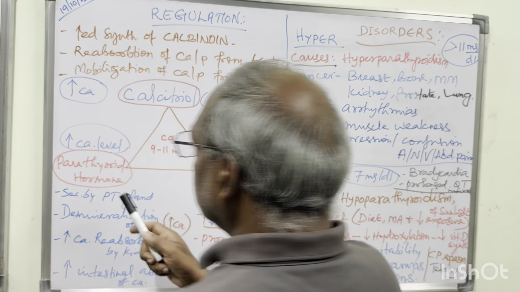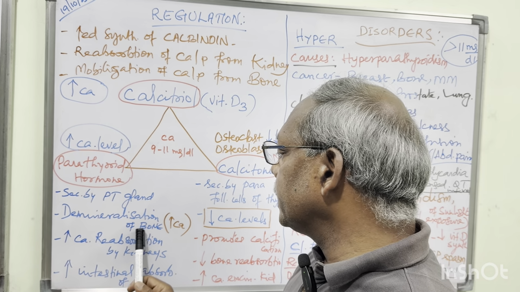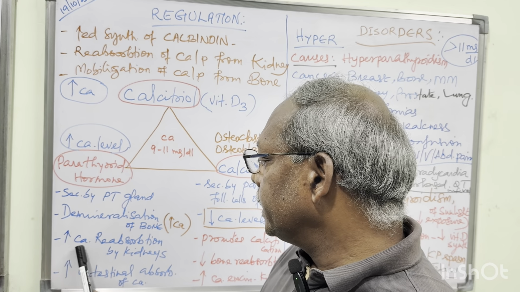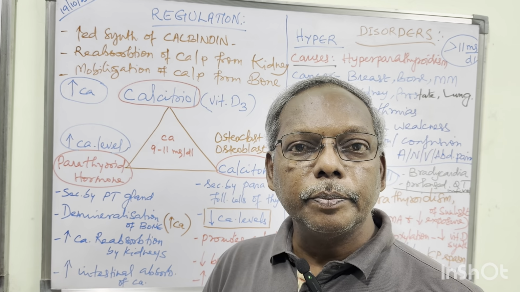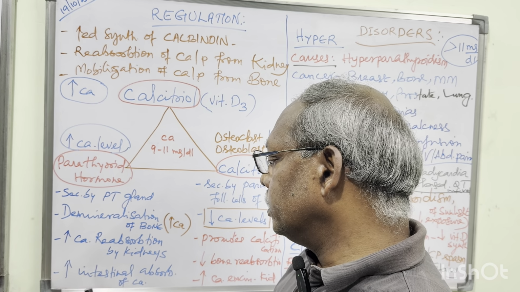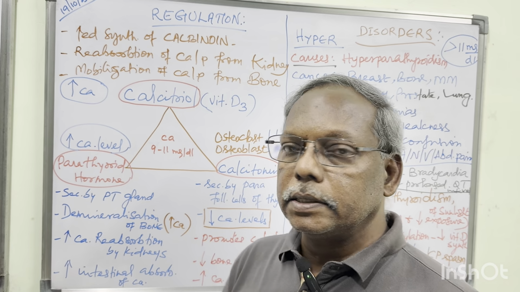Coming to parathyroid hormone, secreted by the parathyroid gland: demineralization of bone, which will elevate the calcium level. Then increased calcium reabsorption by the kidneys. This is the bone role, this is the kidney role. And also increased intestinal absorption of calcium in the intestines.